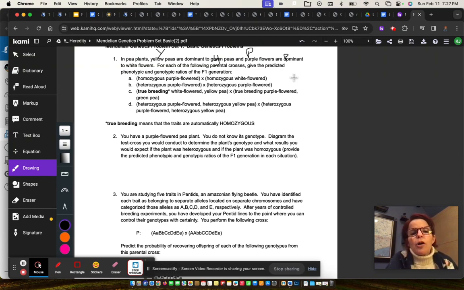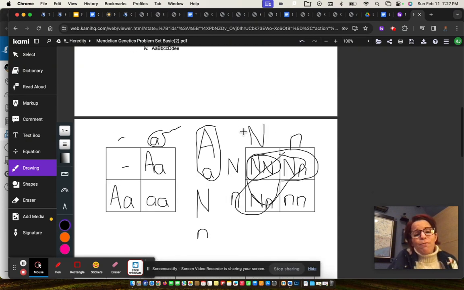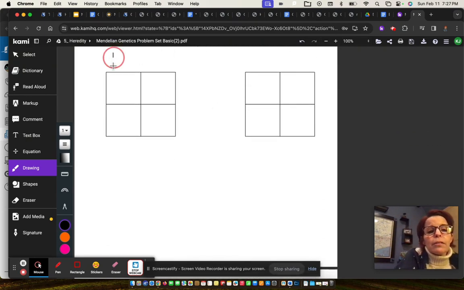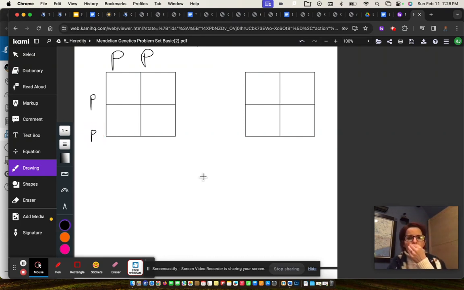In cross A, it's homozygous purple flowered versus homozygous white flowered. Well, that's pretty straightforward. Homo means capital and capital, so homozygous dominant. So we've got two capital P's and two lowercase p's. And because the P's look a lot alike, make sure those lowercase letters are really, really clear.